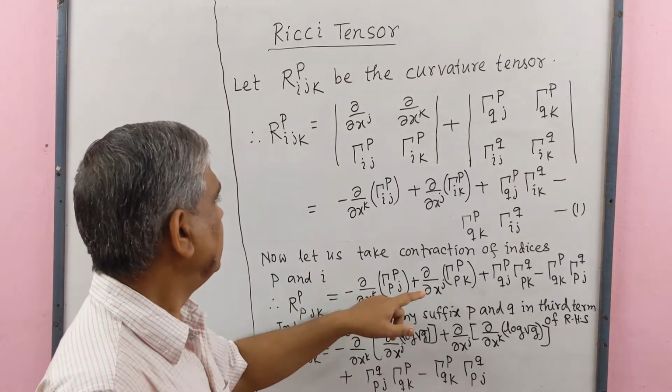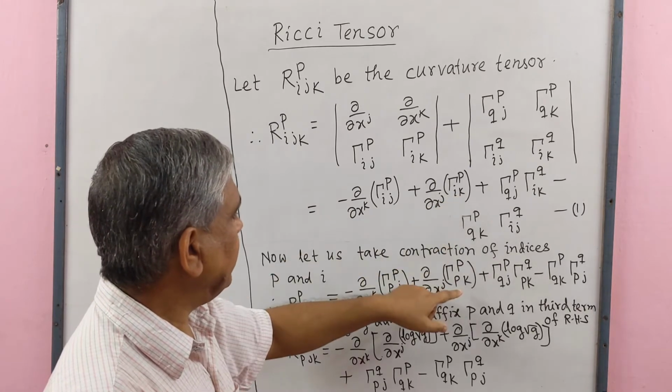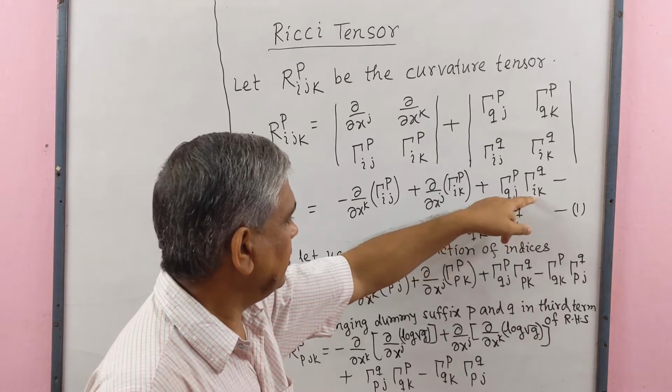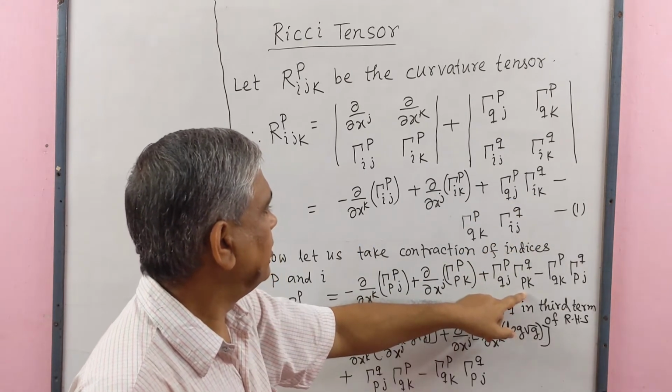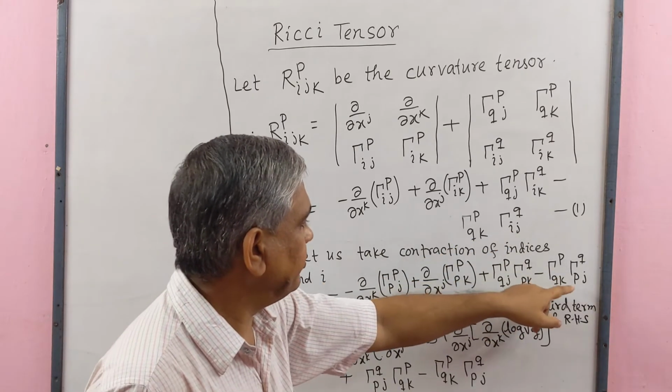Here we have i, so in this place we write p, here also we write p, and here also we write p.